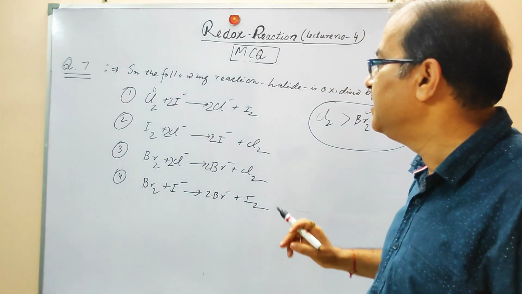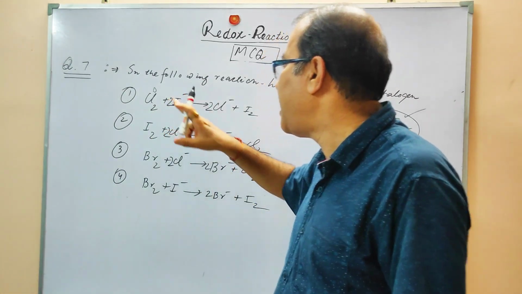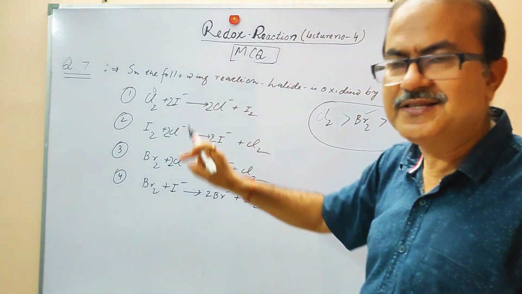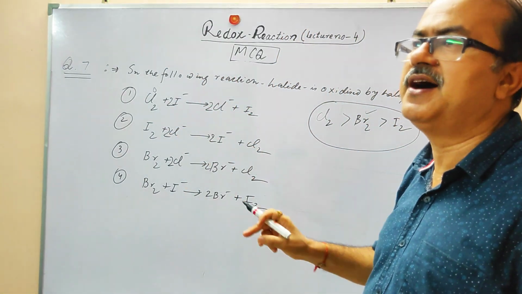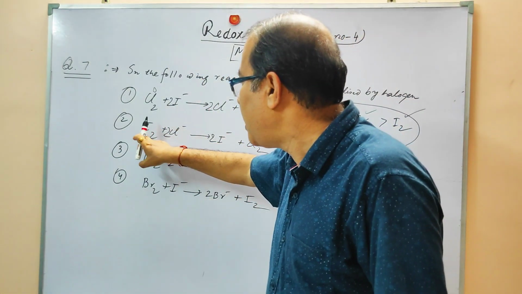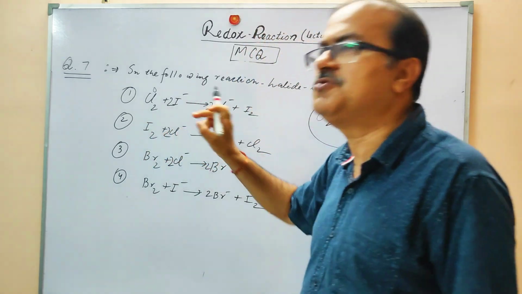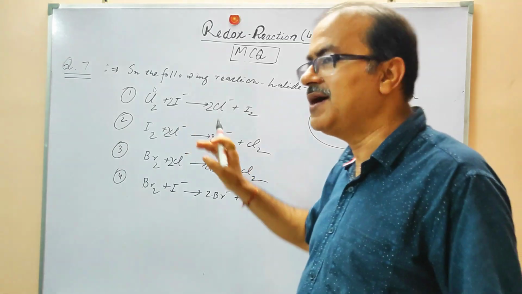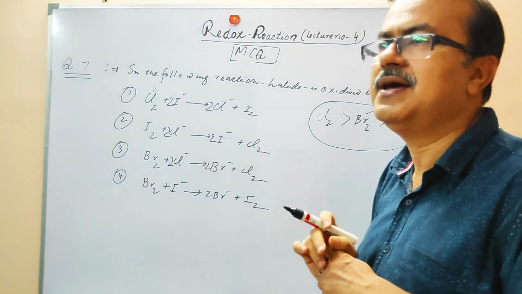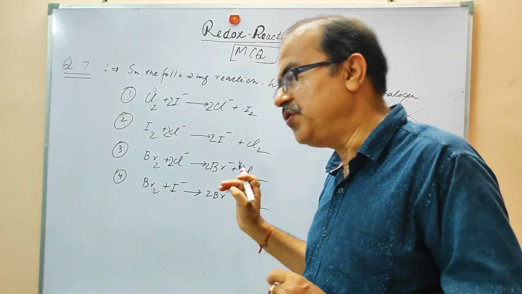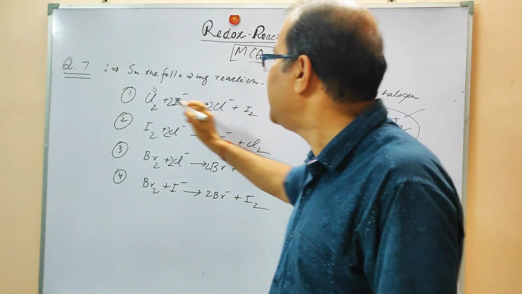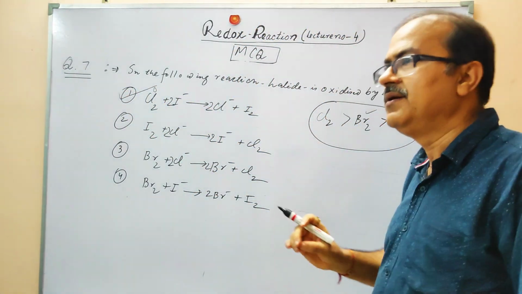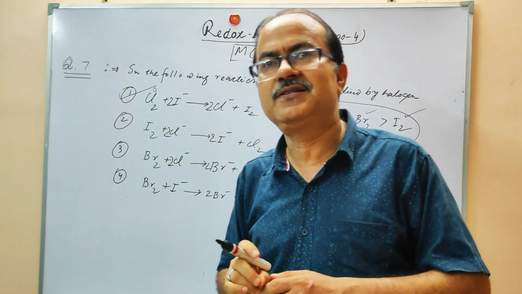Here you can see the chlorine displaces the iodine from its compound, whereas iodine never displaces the chlorine from its solution, because iodine has lesser oxidizing power than the chlorine. So this will be the right answer, that chlorine gas will easily oxidize.